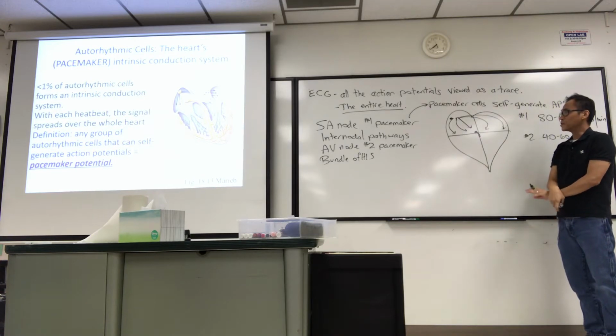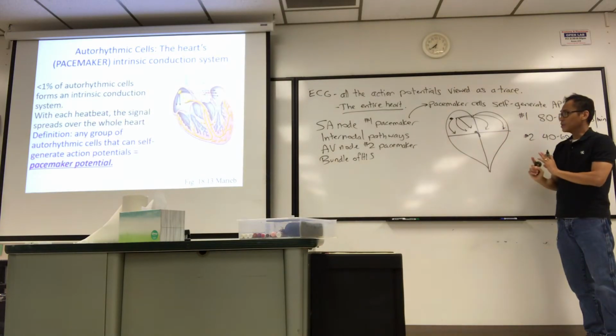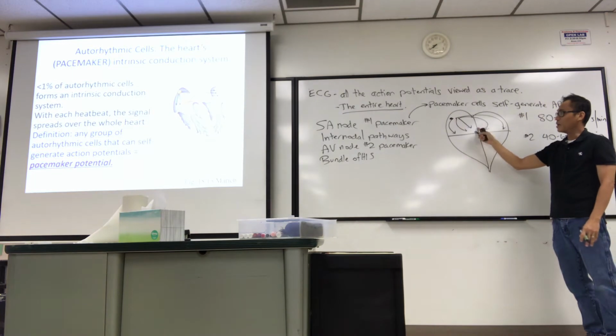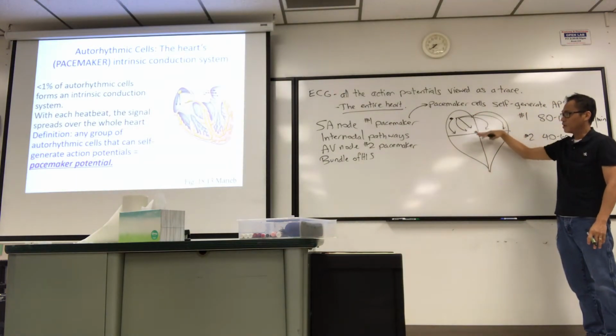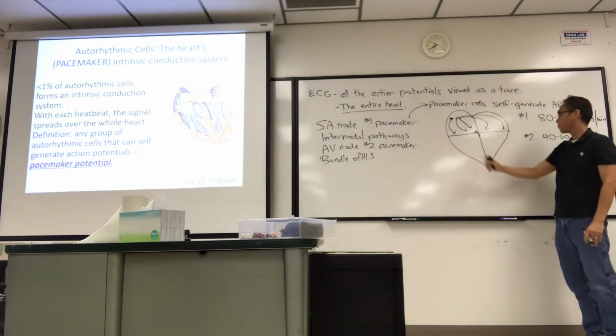Now the thing about it is, you're converging all of these pathways onto one pathway, one bundle. And that tends to slow the signal down, okay? Like a traffic jam when freeways merge or something like that. So because of that, the conduction of the signal going from atria to ventricles is delayed. So because of the bundle of His, you observe a delay at the AV node.